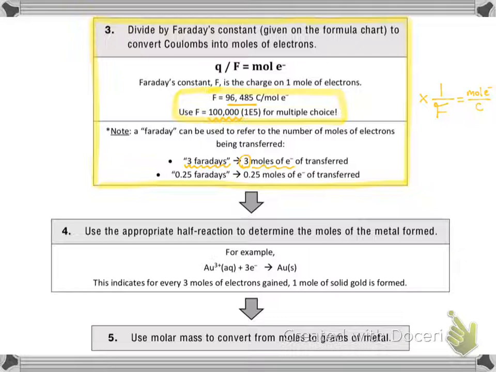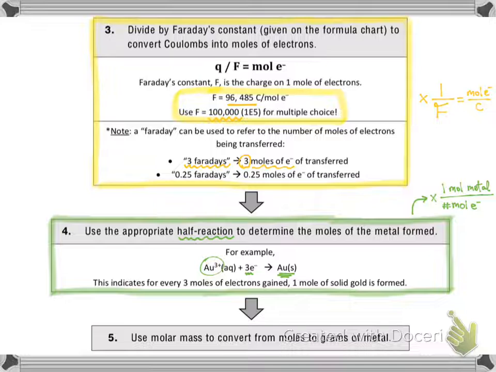But usually, we want to find out how much of the specific metal we're looking at is being formed. So we have to convert from moles of electrons to moles of our metal. You have to look at the change in oxidation state of the particular metal that you're concerned with. For example, if we were looking at gold 3+, and we were going to reduce that into solid gold, notice 3 moles of electrons were being transferred for every 1 mole of gold formed.